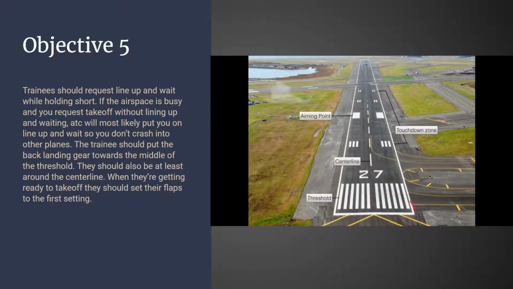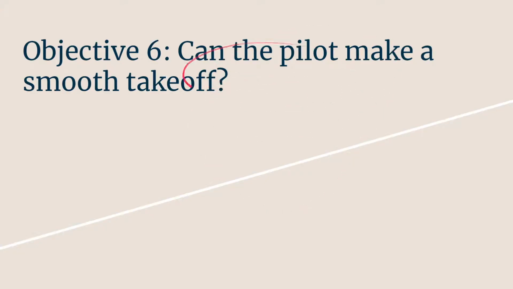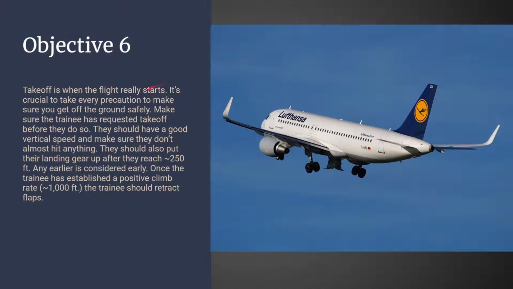Before, I forgot to mention with this hold short, they should set their flaps, although they can do that before taxi too. They can do that during line up and wait; it matters before they do their takeoff. Now, for takeoff, takeoff is really crucial.